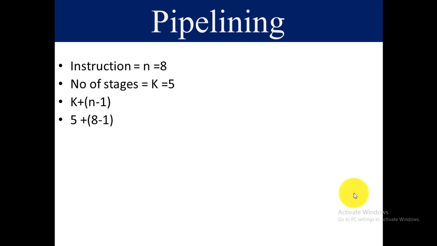So the stages are 5, the instructions are 8. So 8 minus 1 is 7, and 7 plus 5 is equal to 12. It means the 8 instructions would be executed in pipelining architecture in RISC in 12 clock cycles.